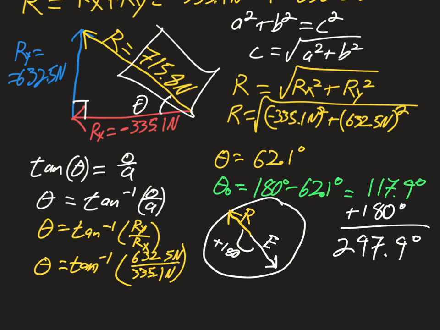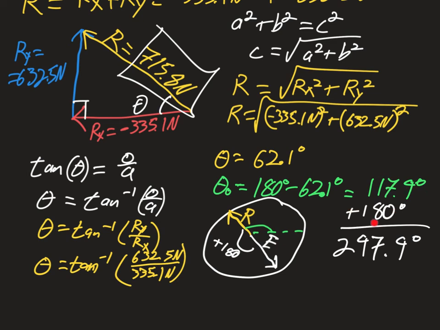Well, first of all, I need to figure out what that resultant was from my positive x. So the first thing I have to figure out is that portion right there from positive x. I do that by subtracting it from 180, and I got that it was 117.9 degrees. That's how much that one is from its origin point. And then I added 180 so I could get the equalizing vector.